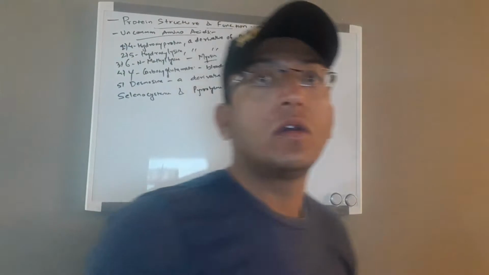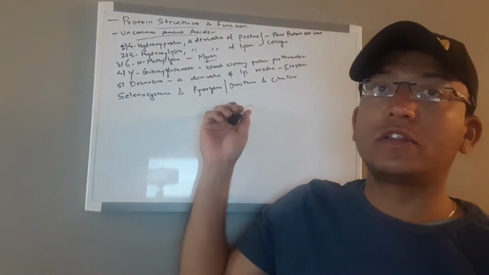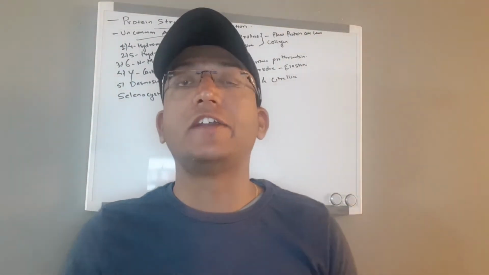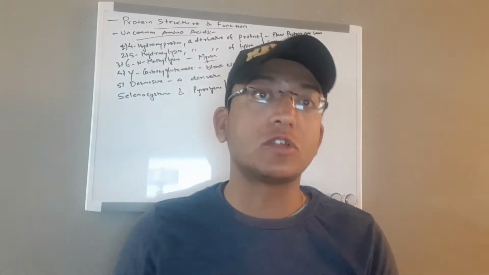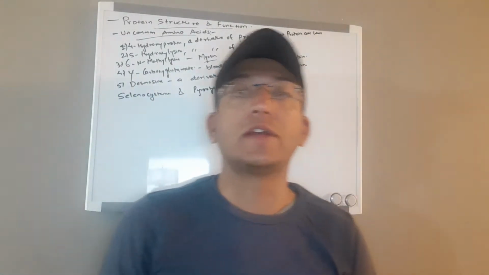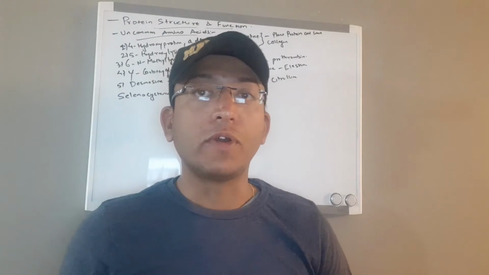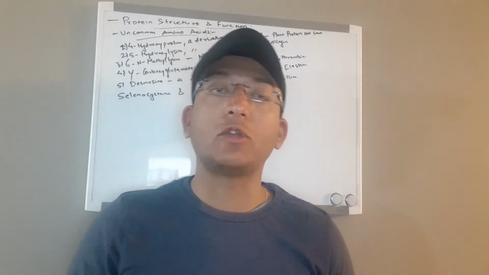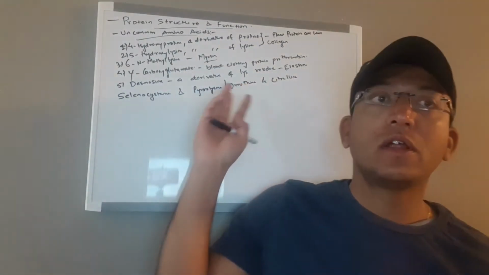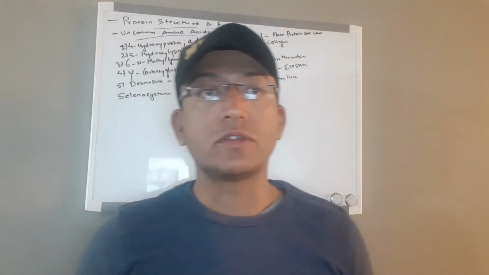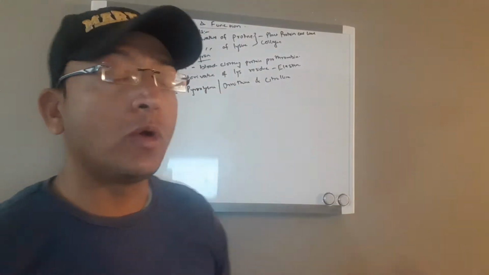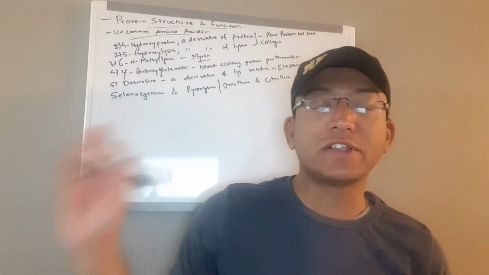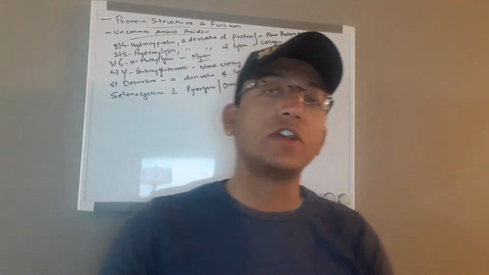Citrulline. Why are these important? Because they are key intermediate metabolites in the biosynthesis of arginine and in the urea cycle. We'll study that later when we go through the different metabolic pathways. So these two are important in that biosynthesis. All right, so this was uncommon amino acids, and there is one more function of amino acids.